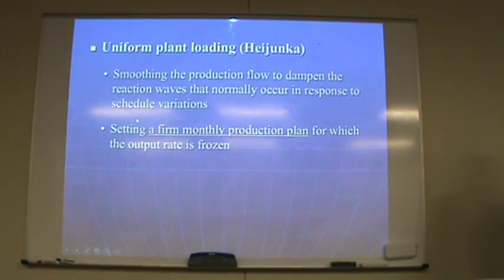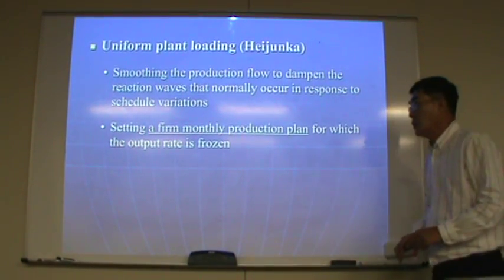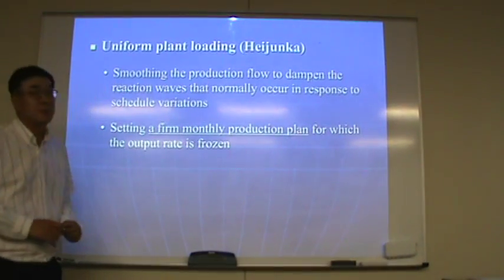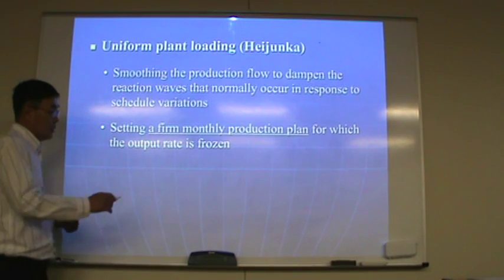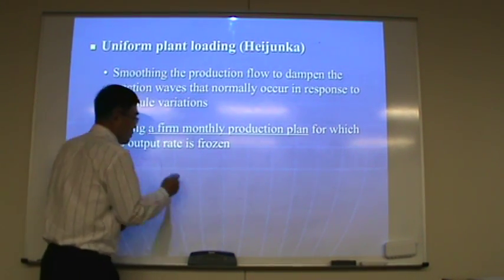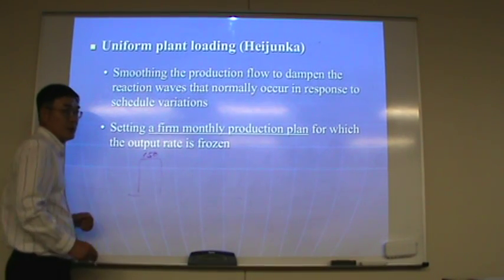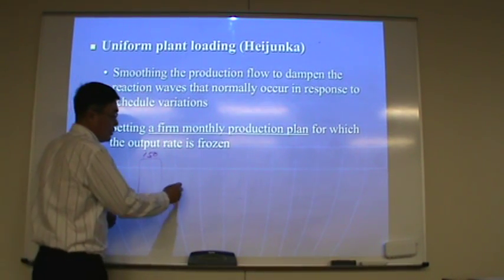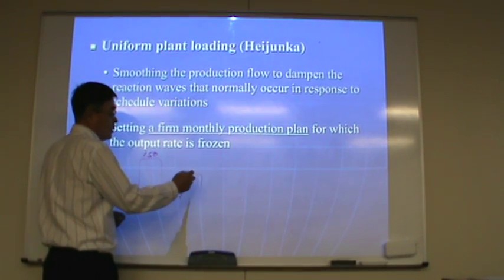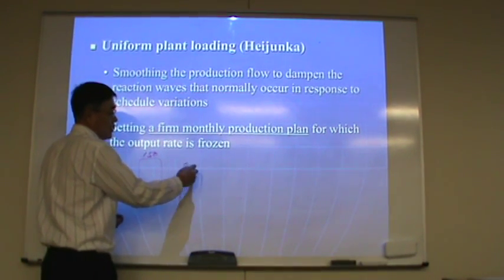Uniform plant loading, firm monthly production plan. First month 150, schedule 150. Second month 50.